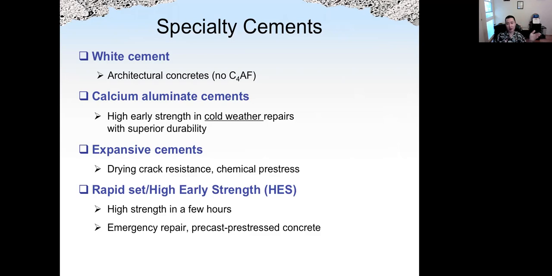This is different from type 3 cement, also called high early strength cement, but the strength development is much faster. We can have very high strength within a few hours. So this type of cement can be used in situations such as emergency repair or precast or pre-stressed concrete. So these are some examples of specialty cement.